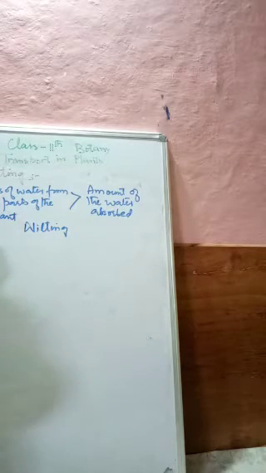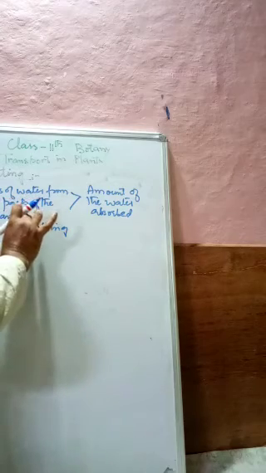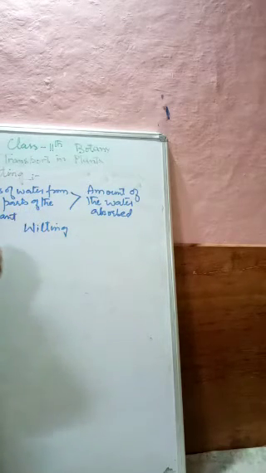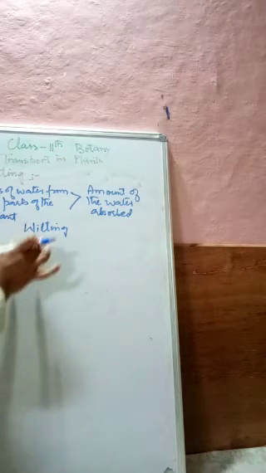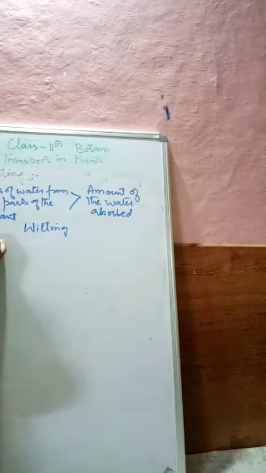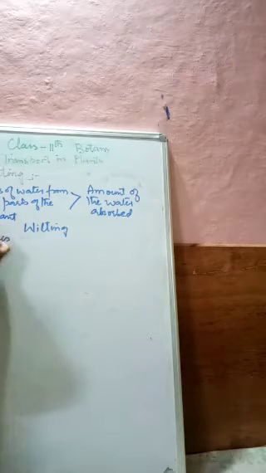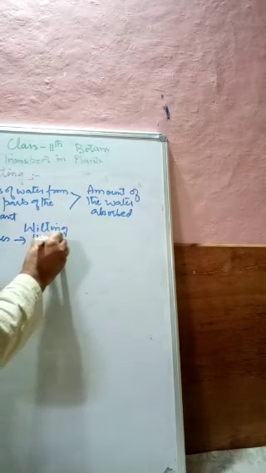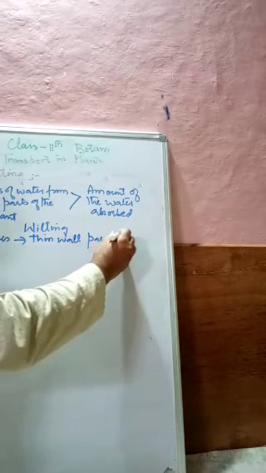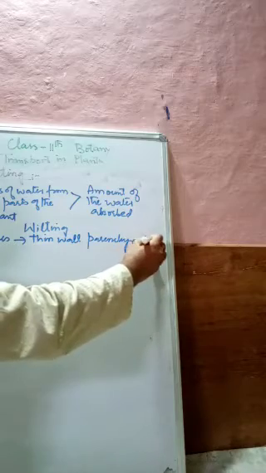Now this process of wilting is mainly found in those plants where the tissues are made up of thin walled parenchymatous cells.